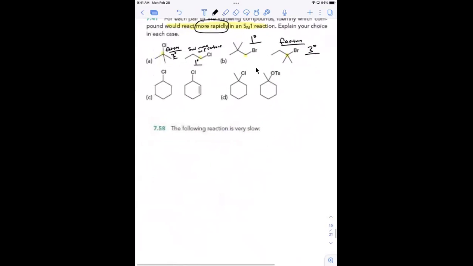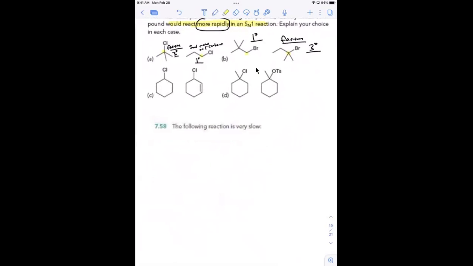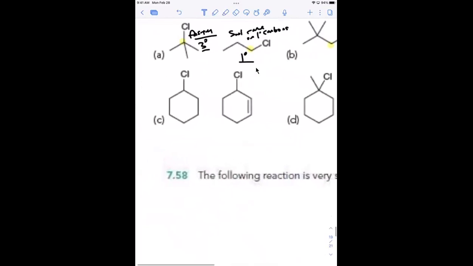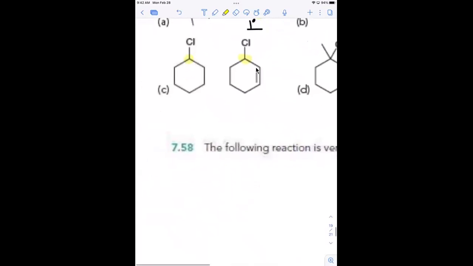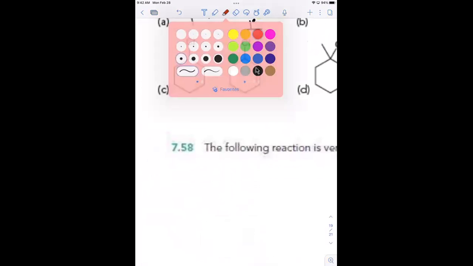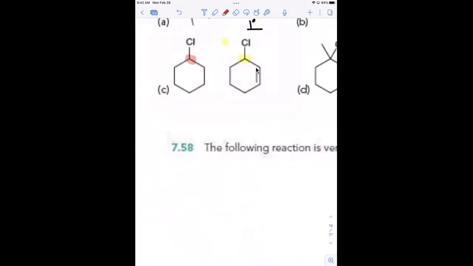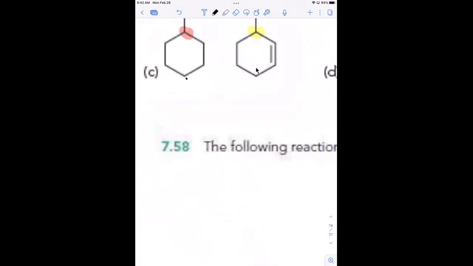All right, let's do C. What do you think? What are we comparing in C? This is where my leaving group is in both cases. All right, what would the carbocation look like for the one on the left? Would it look like this?